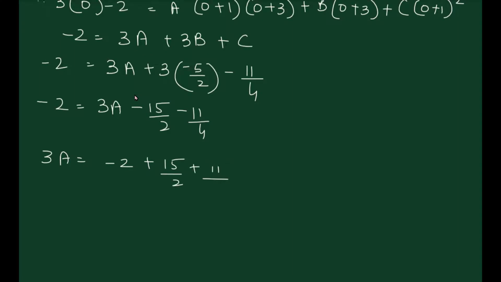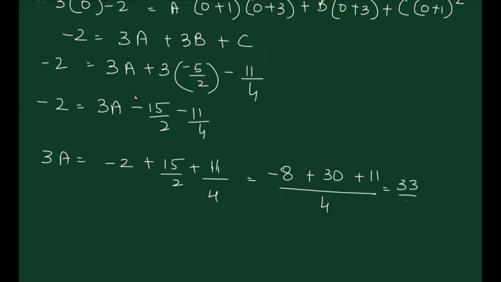Okay, now here 4 is the LCM. So we equalize the denominator by taking 4 as the LCM, cross multiplying and getting the answer here. So minus 8 plus 30 plus 11 upon 4, which comes out as actually 33.